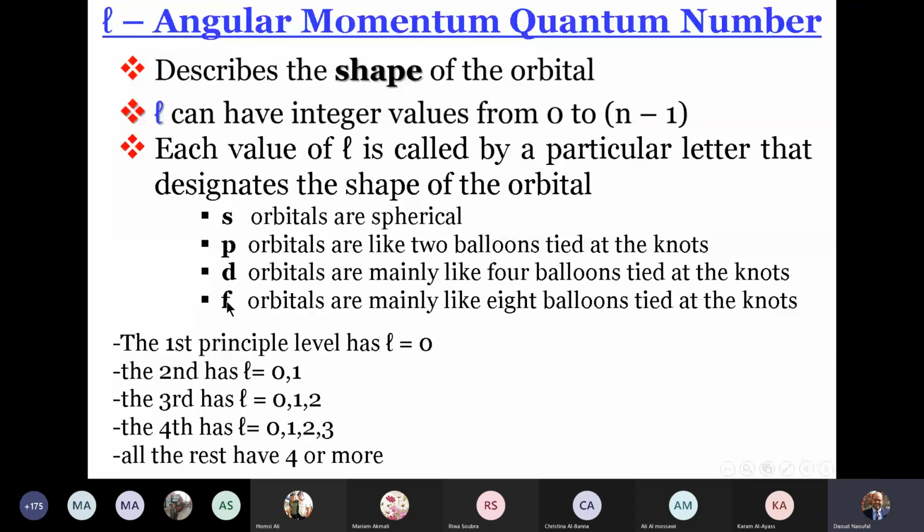Suppose I locate the electron as having L equals 1. So I can say that the electron is moving in points that constitute two balloons. But what is the real place of the electron now?